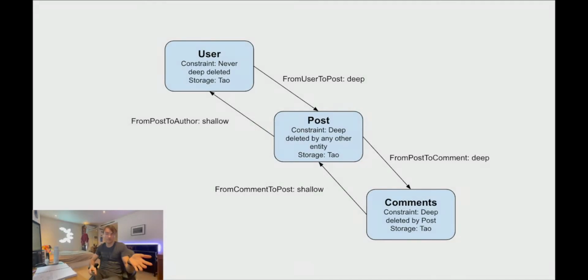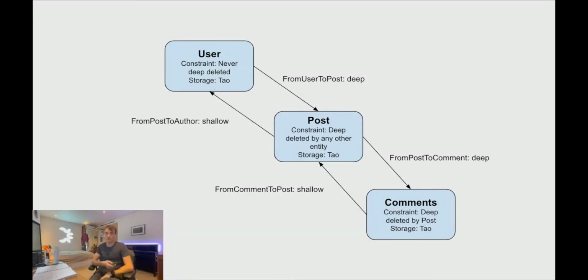Here's an example. We have 3 schemas: user, post, and comments. And in this example, there is a deep edge from user to post. A deep edge is basically an edge that when you encounter it, you delete the edge, but traverse it first and delete what's on the other side recursively.